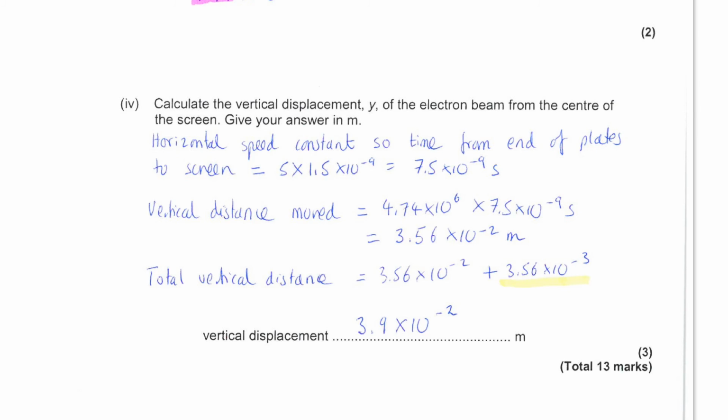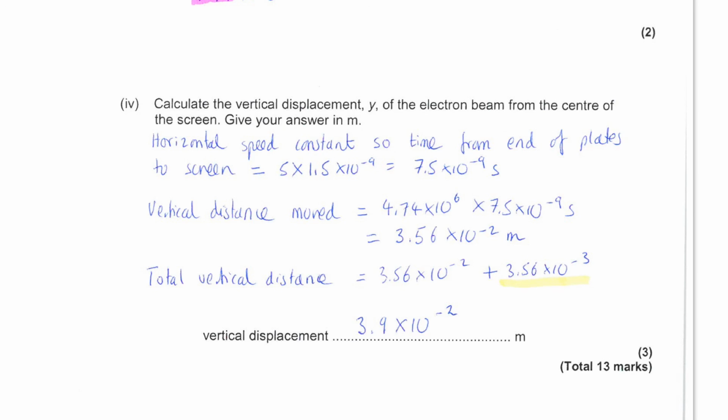Looking back at the diagram, we had 0.04 metres within the plates, and we had 0.2 metres between the plates and the screen. So that is 5 times greater distance for the electron to travel from the end of the plates to the screen than when it was within. That means it's going to take 5 times as long to travel that distance.